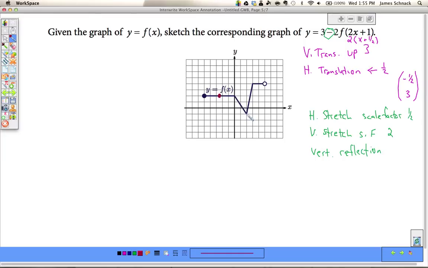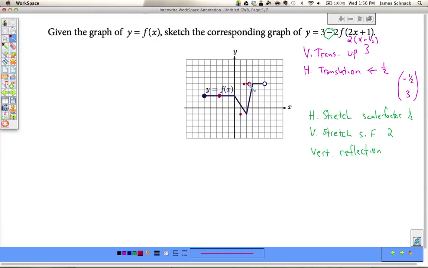This point that's at 2, negative 1 will be here at 1, negative 1. This point that's at 3, 4 will be at 1.5, 4. And this open endpoint that is at 5, 4 will be at 2.5, 4, and it will still be an open dot.